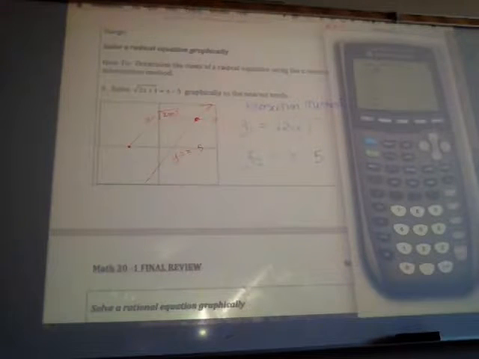So let's go ahead and put that in. I'm going to change my window setting.